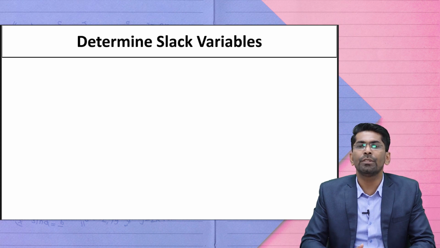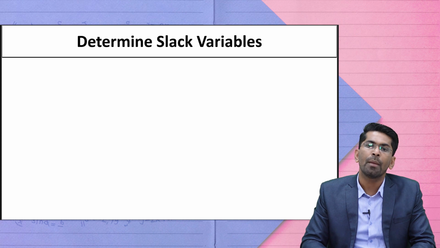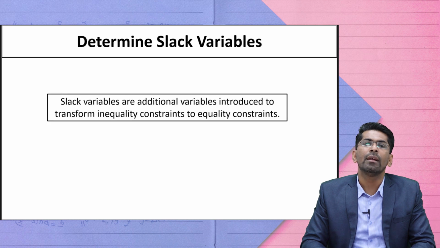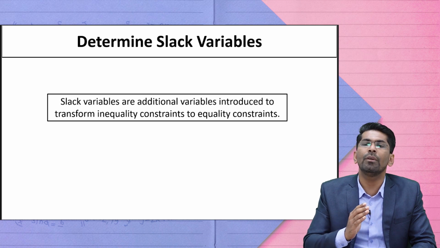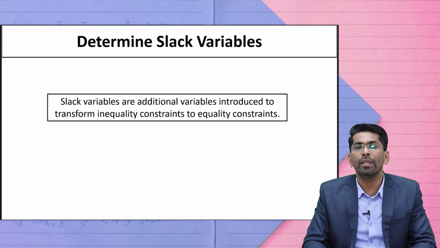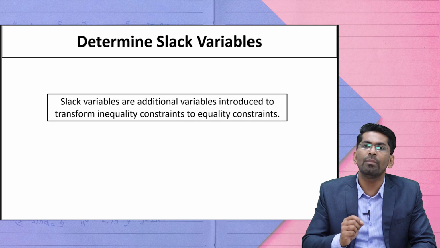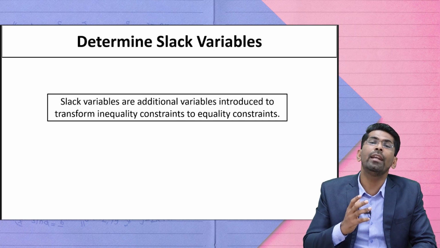The next step is to convert our given linear inequality constraints into linear equations by adding slack variables. Of course, we already discussed what slack variables mean in the last lecture. Again, slack variables are additional variables that are introduced to transform inequality constraints into equality constraints, giving solvable equalities with one definite answer.